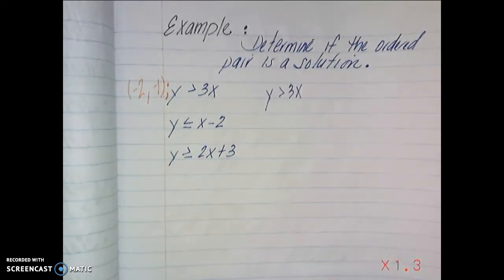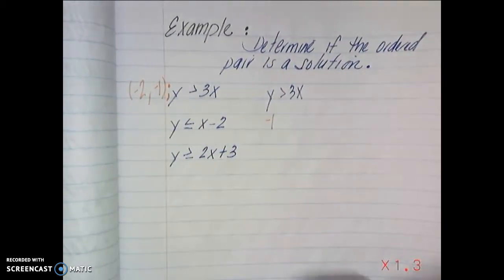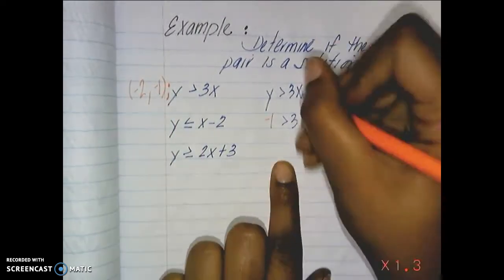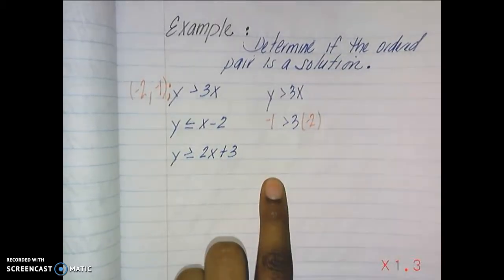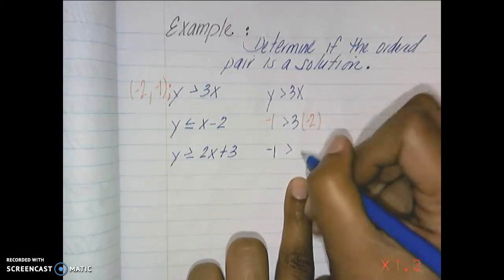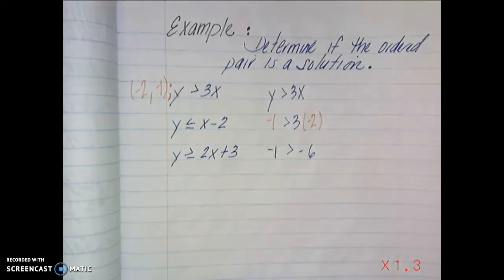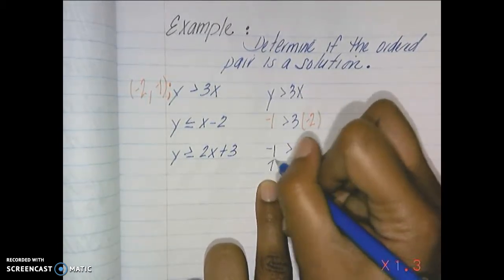Where there is a y, I'm going to plug in a -1, and where there's an x, I'm going to plug in a -2. So I have -1, and it has to be greater than -6. On a number line, -1 is greater than -6. It's better to owe $1 than to owe 6. So this example is going to be true.